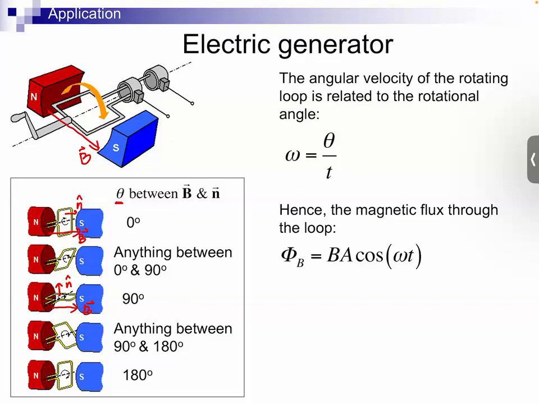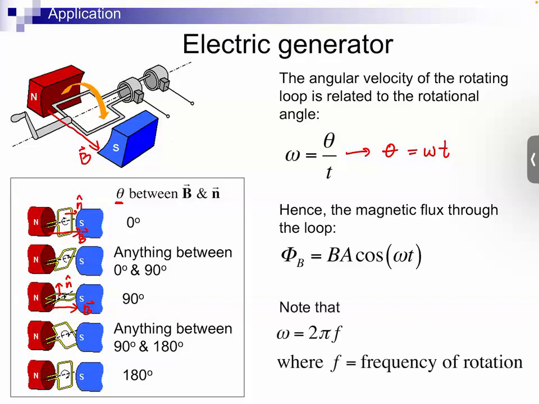So therefore, you can rearrange this and get an expression for the angle theta that's equal to omega times t, angular velocity times time. And if you substitute that into your magnetic flux equation, you then have B A cosine omega t. Okay, note there that omega can be defined as 2 pi times the frequency.